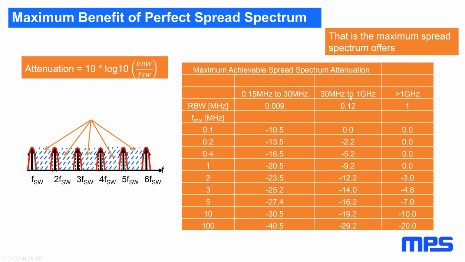Since above 30 megahertz the resolution bandwidth is 120 kilohertz, you only get 12.2 dB at 2 megahertz. At 400 kilohertz it's only 5.2 dB versus 16.5 dB. So yes, spread spectrum achieves additional attenuation. However, it's physically limited, which everybody should keep in mind.